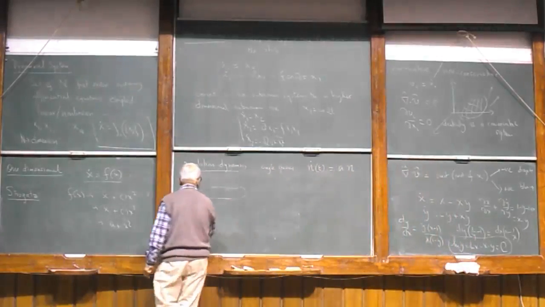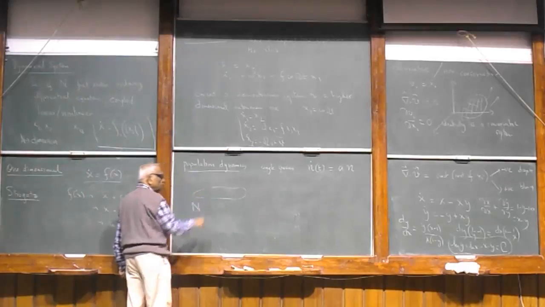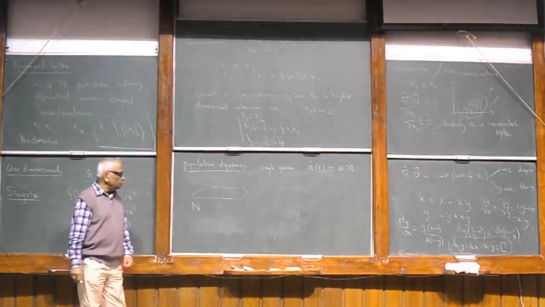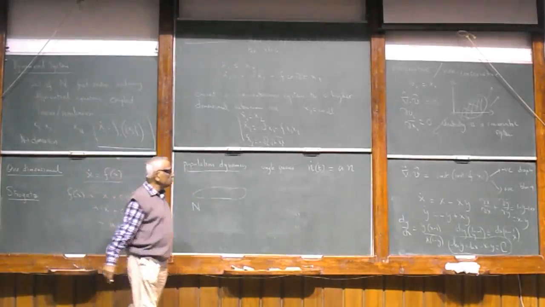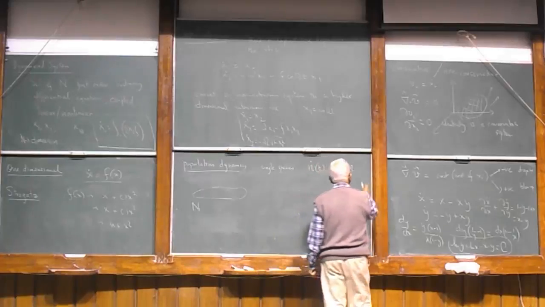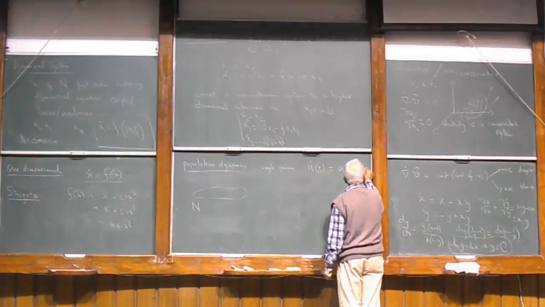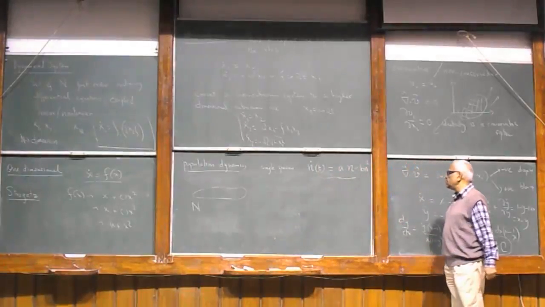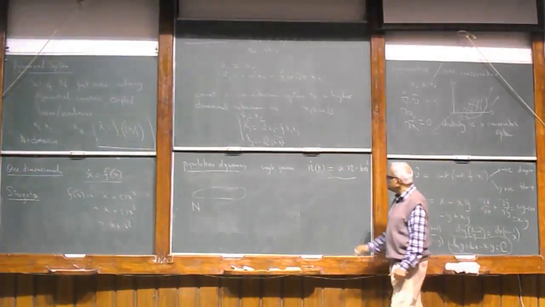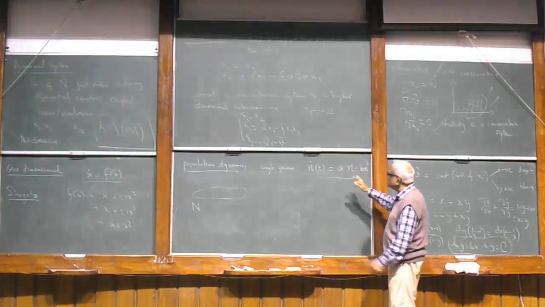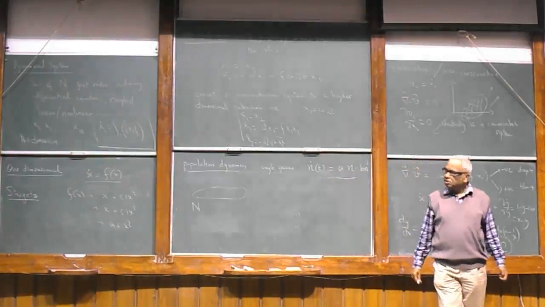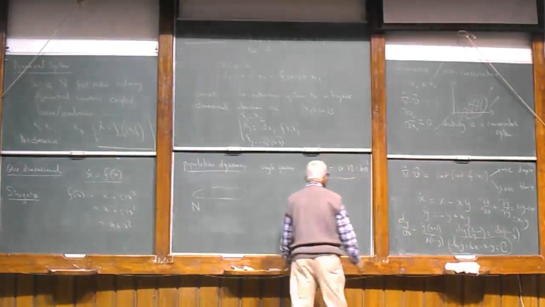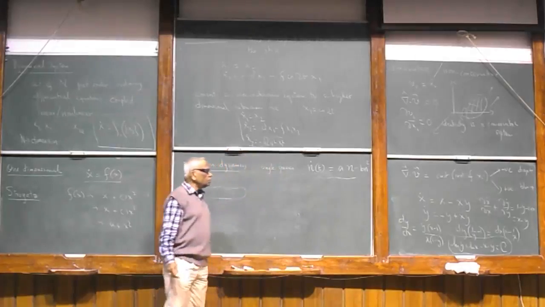If I have n animals vying for this food, pairwise, they are going to annihilate each other. So it is like minus b n squared. This is the kind of dynamics one thinks of, that population dynamics is something which a one-dimensional dynamical system would be useful for modeling.